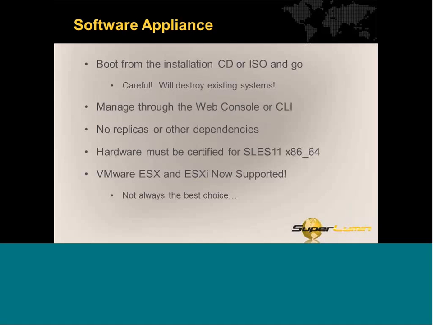The big news flash, and this is something I started pushing for when I came on board with SuperLumin, is, why don't we support VMware? And the developers all collectively turned very pale. They are the performance freaks and did not want to have anything between them and the hardware.